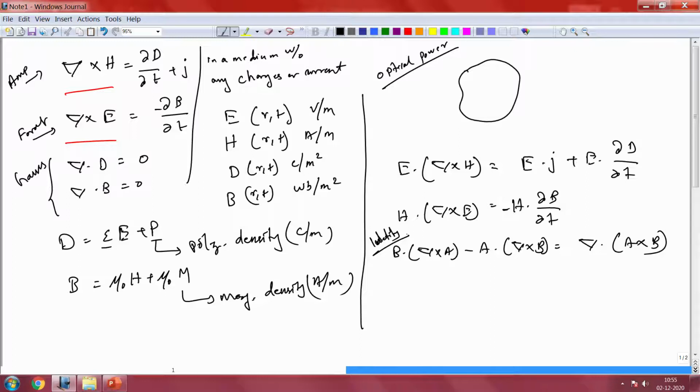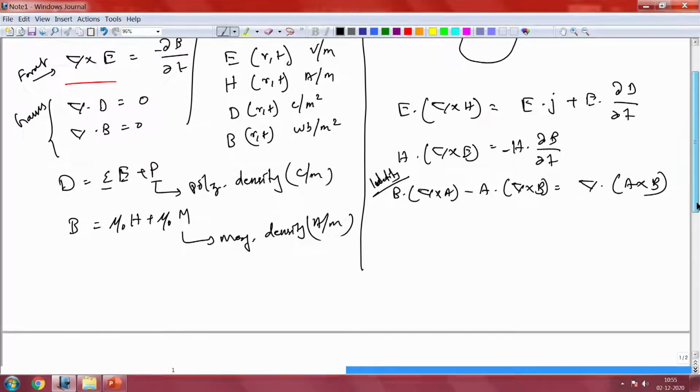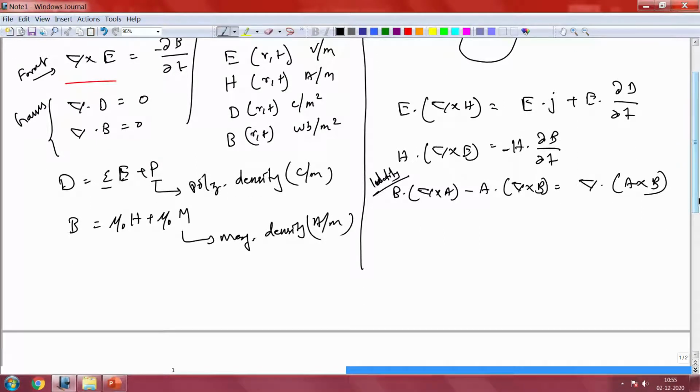So, if we use this identity, you can apply it to the above equation, right. And if you do that, this is what you would get: minus del dot E cross H equals E dot J plus E dot dou D by dou t plus H dot dou B by dou t, all right.